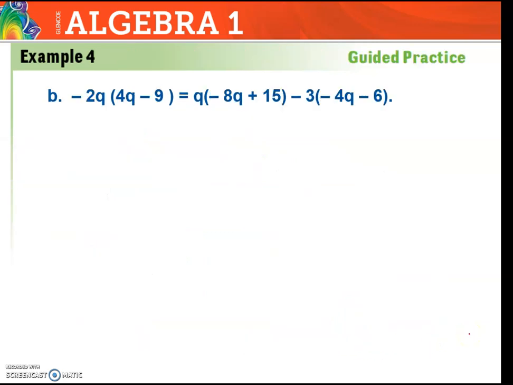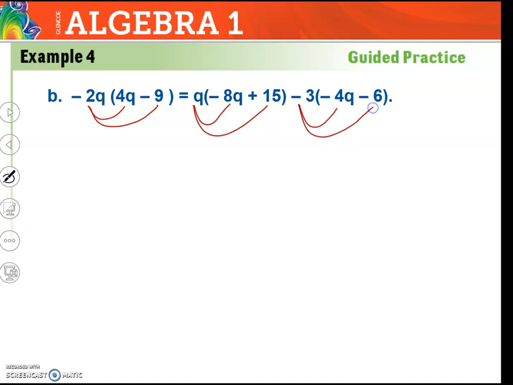Let us look at our last example and we call it a day for multiplying polynomials. In the same way, distributive: negative 2q multiplying 4q, negative 2q multiplying negative 9, sorry, q multiplying 8q and q multiplying 15. And negative 3 multiplying that, negative 3 multiplying 6.